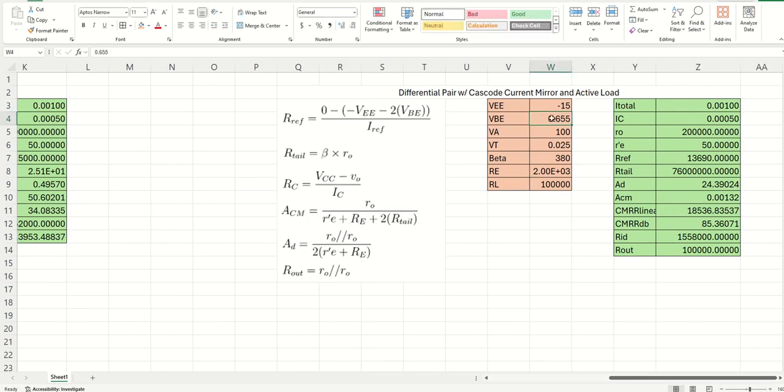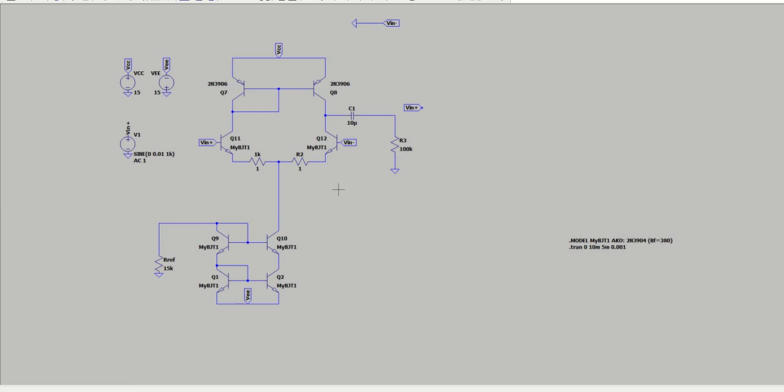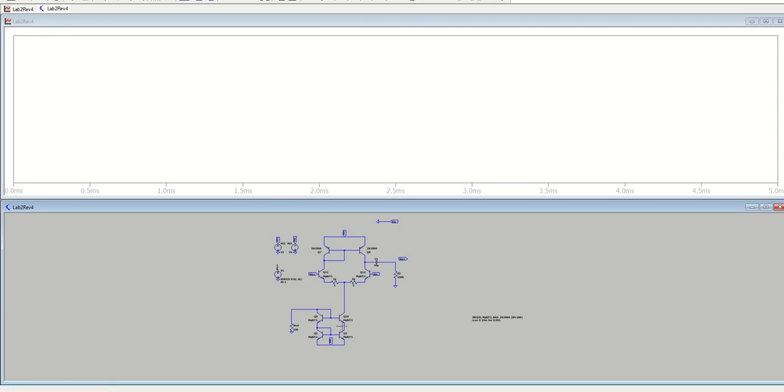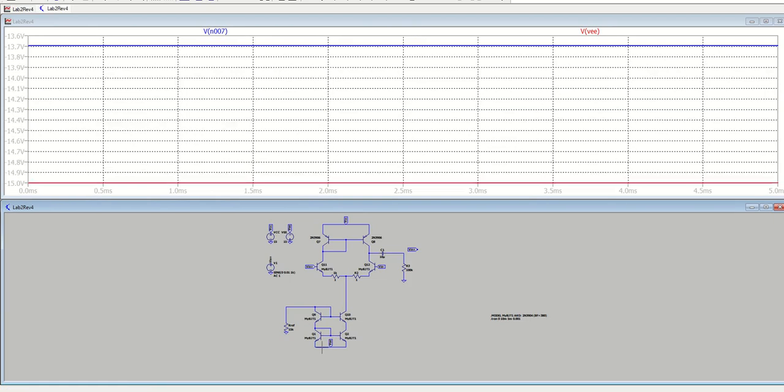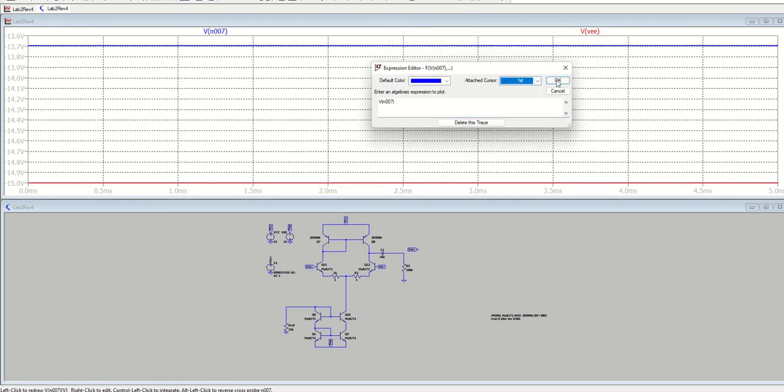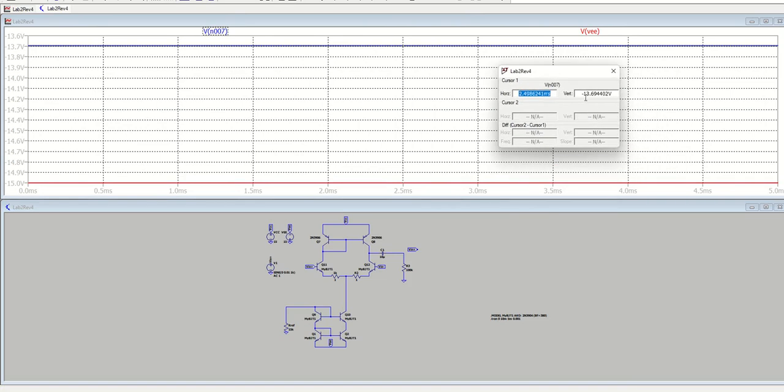So your VBE, if you're making theoretical calculations, is 0.7, but in simulation you can measure that. So I'm going to run this and just see, okay, between this point and the emitter, and then the base and the emitter, what is the difference? So we have 15 volts and 13.69 volts.